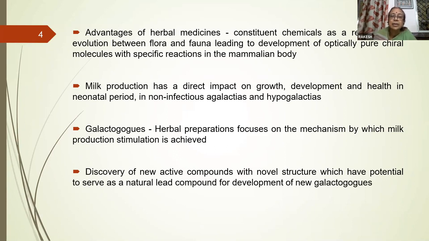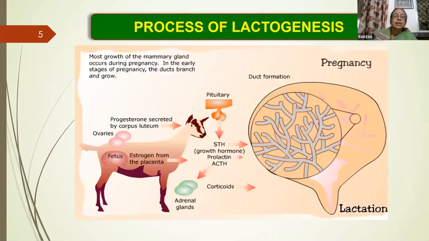Milk production has a direct impact on the growth, development, and health in the neonatal period, in non-infectious agalactias as well as hypogalactias. The galactagogues, which are herbal preparations, focus on the mechanism by which milk production stimulation is achieved. Discovery of new active compounds with novel structure, which have potential to serve as a natural lead compound for development of new galactagogues, has been reported.